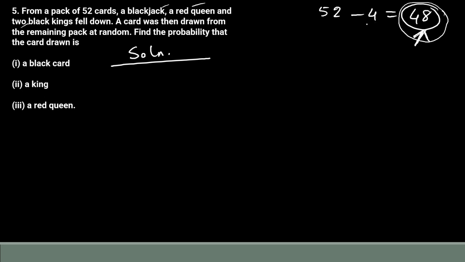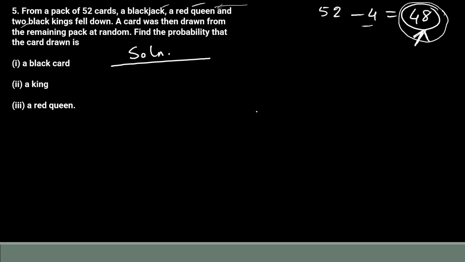All the cards minus a black jack, a red queen, and two black kings are subtracted from the set. The two black kings: one is of spades, one is of clubs. The red queen can be either from hearts or diamonds, that is not said. The black jack can be either the jack of spades or jack of clubs.